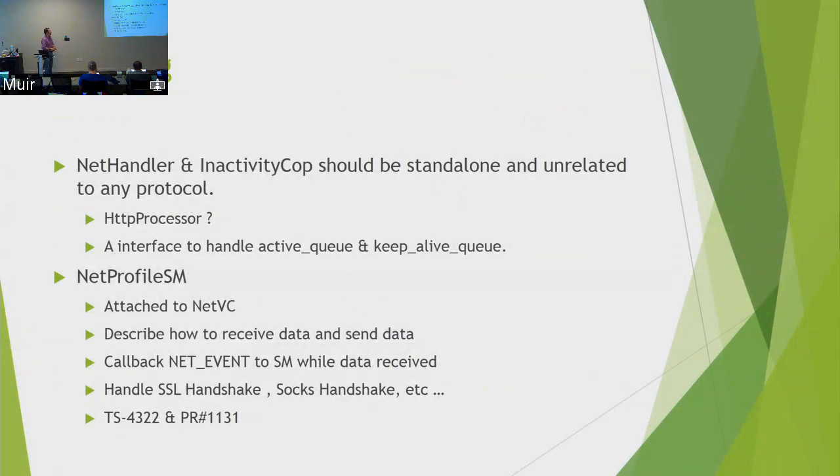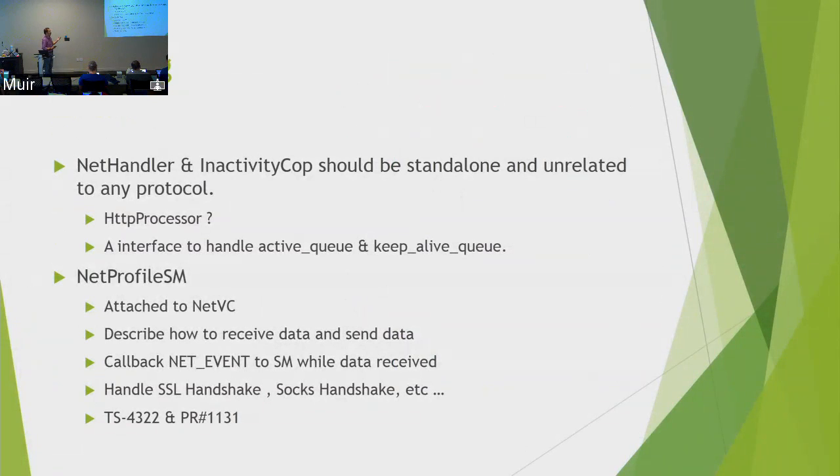So a net profile SM is a new design. It is attached to a NetVC, and it describes how to receive data and send data. We remove the net read IO and write net IO from net unison VC and SSL net VC into the net profile SM.